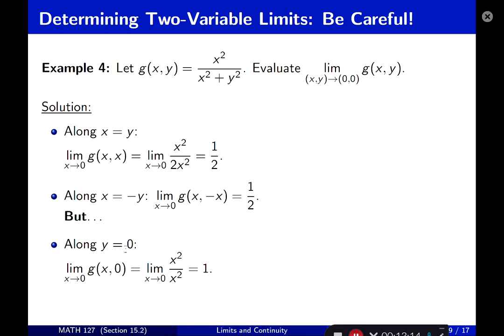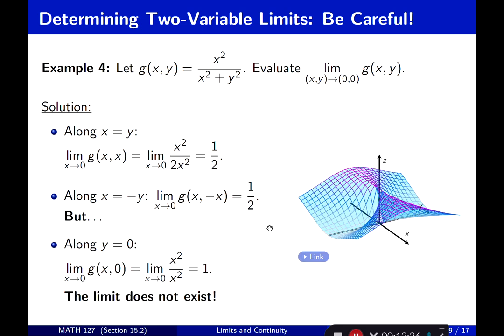That's actually the x-axis. So what you plug in is x and 0. And the limit is going to be x squared over x squared, which is 1. And these two are not the same as this one. And therefore, the limit does not exist. So just because you found two that have limits doesn't mean the limits exist.